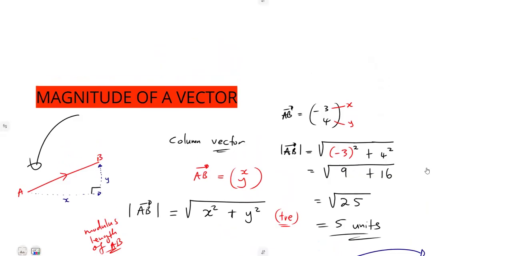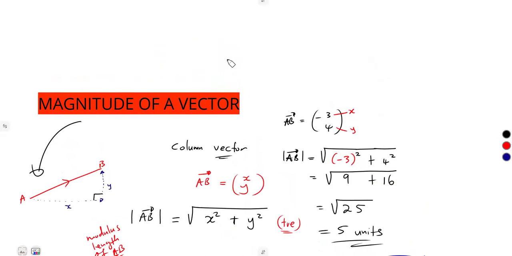Another part that I'm going to add on this is a unity vector, because it is also part of this magnitude. When a vector has a length of 1 unit, you calculate the length or the magnitude of AB and then you obtain 1 unit.